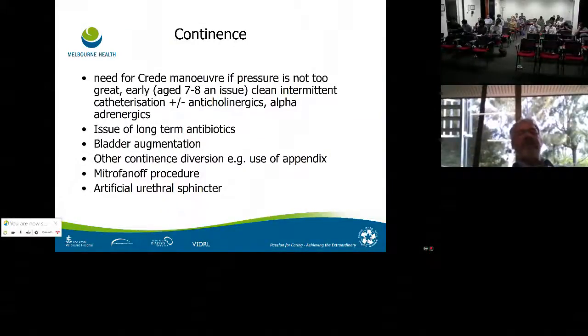So provided it works well and there are no stomal problems, then it's much easier for people going about their normal daily busy lives to be able to put a catheter into the abdomen than to do it through the perineum.